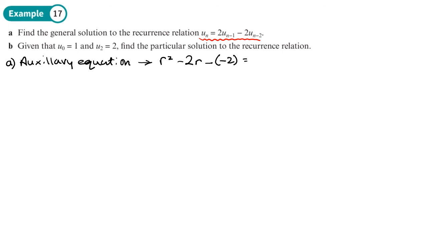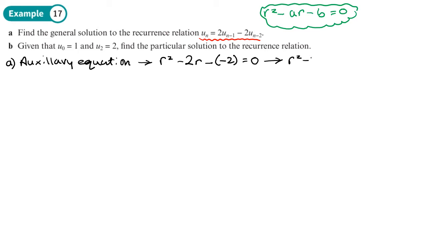You're always minusing a, you're always minusing b. Remember, the auxiliary equation is of this form, so watch out. If you get the wrong sign, you could end up with the wrong roots and a totally incorrect general solution. So r squared minus 2r plus 2 equals 0.